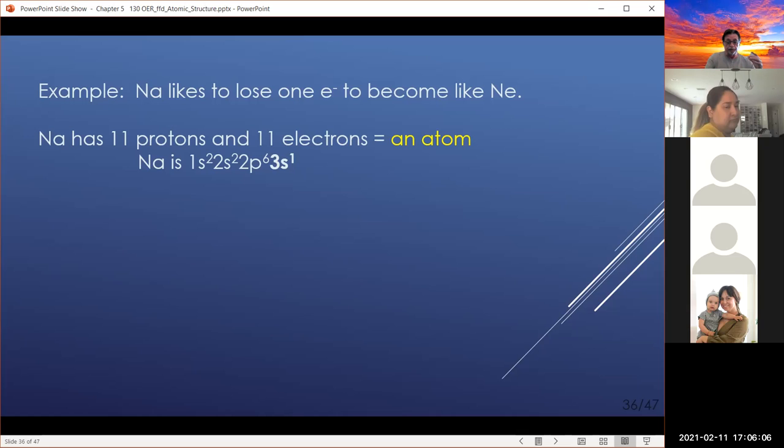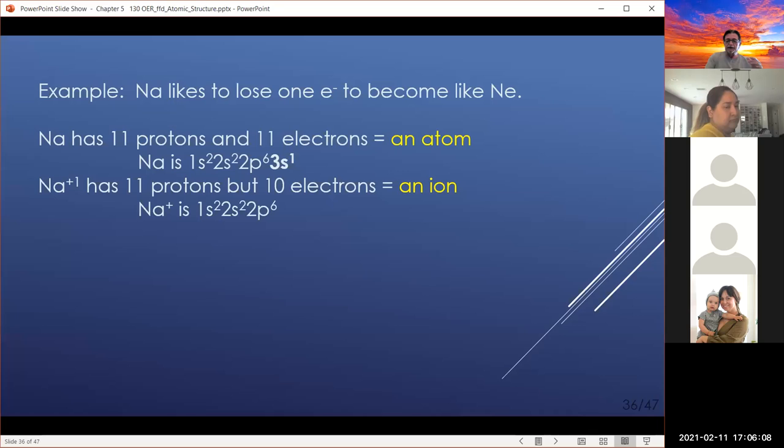That's a stable state. So when it does that, that 3s1 orbital is empty now because it lost an electron. Also, keep in mind that it now has a positive charge, superscript positive, because it lost that 1 electron. So now it has 10 electrons.